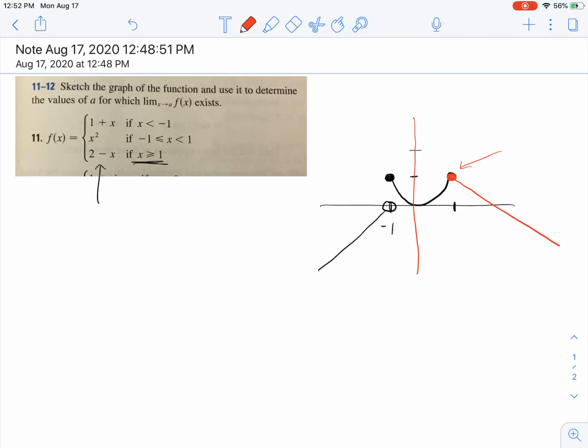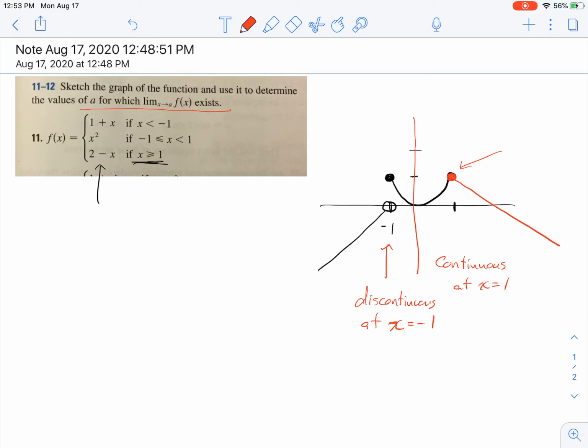So from looking at the graph, we can tell that it's continuous over here at 1, and it's discontinuous at negative 1. So if we look back at what it was originally asking, sketch the graph and determine the values of a for which the limit exists.